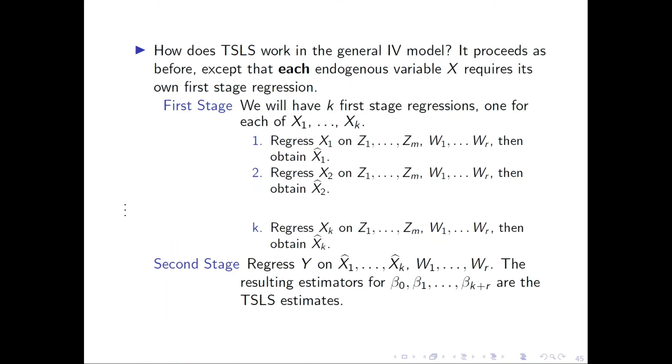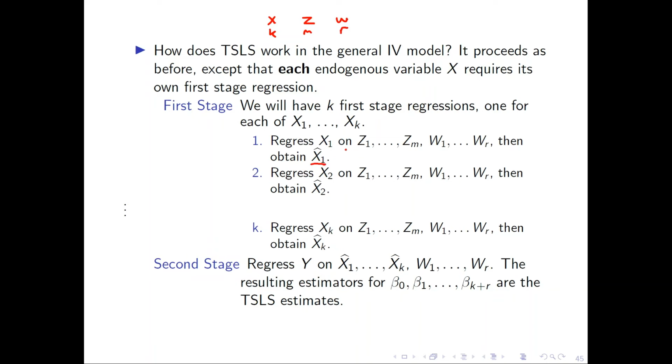So what are the steps in the general instrumental variable model? If we have k endogenous variables, m instrumental variables, and r exogenous or control variables, then we perform one regression per endogenous variable because we want to obtain the x hats.